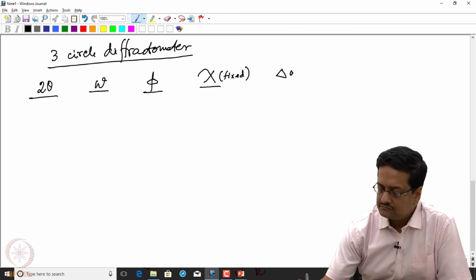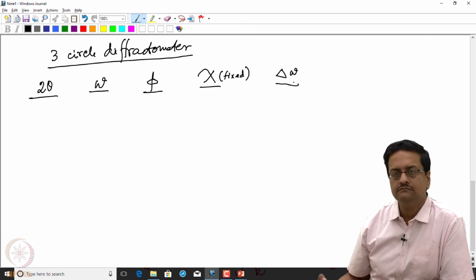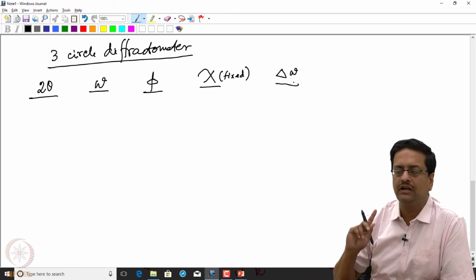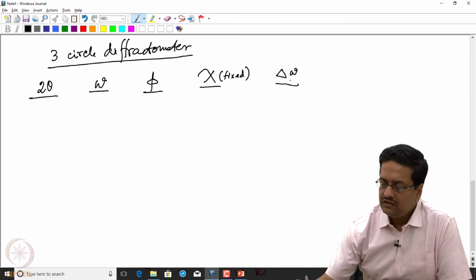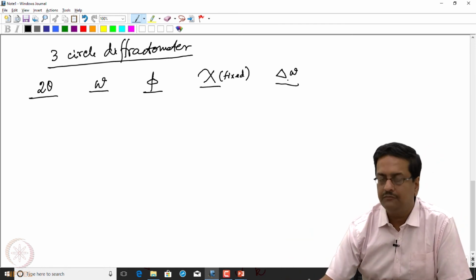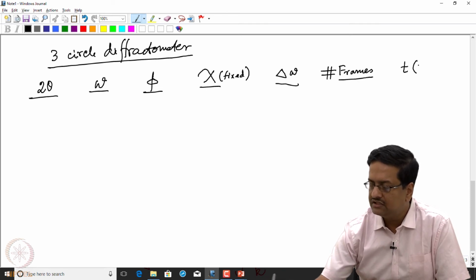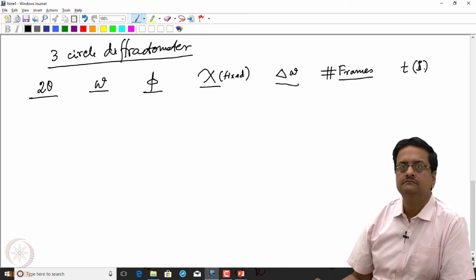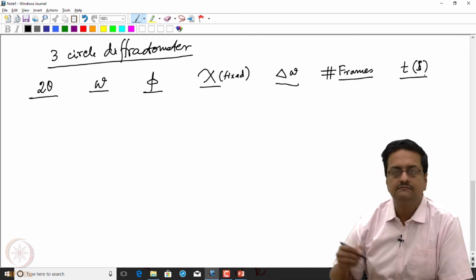So, we need a width in delta omega, and what we need is to move omega from one point to another by total 180 degree. So, depending on the width that I am using, the number of frames is determined and the exposure time in seconds is also indicated here.